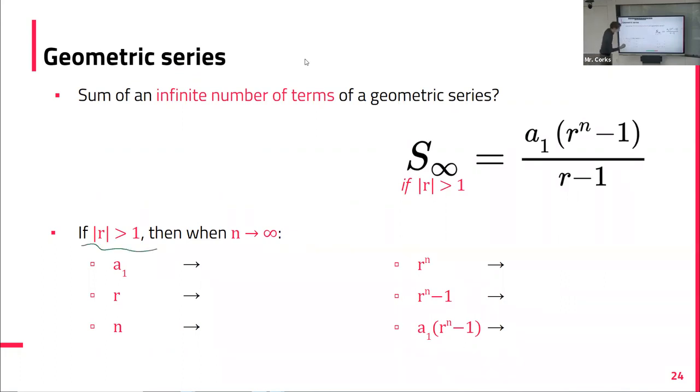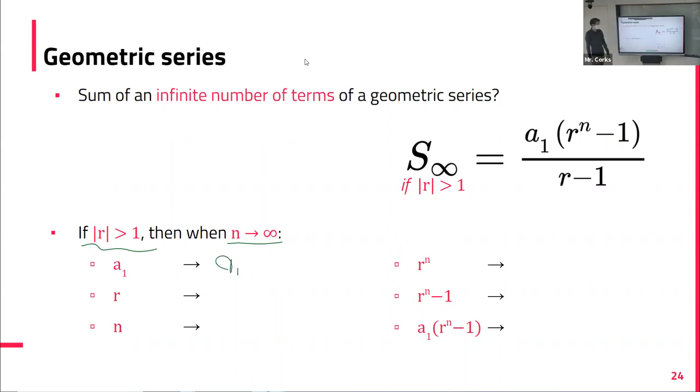First, if the absolute value of R is greater than 1, then as n gets bigger and closer to infinity, what happens to the first term, the A1 value? Does it change? Nothing. It stays as A1.